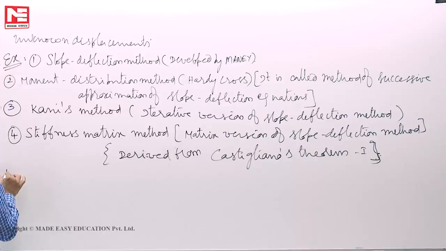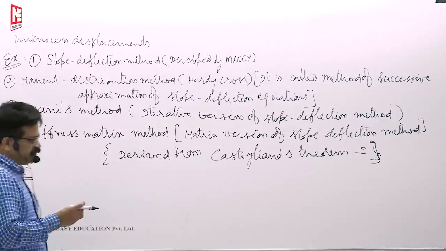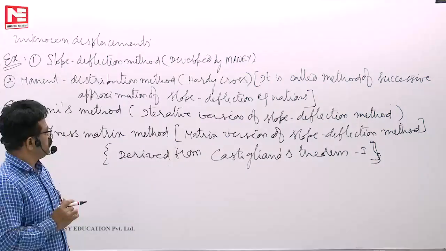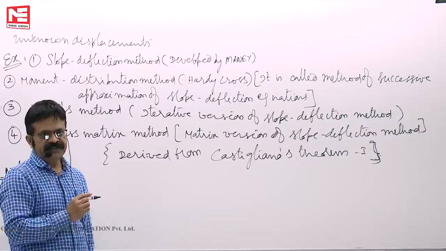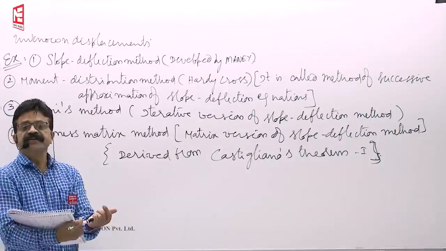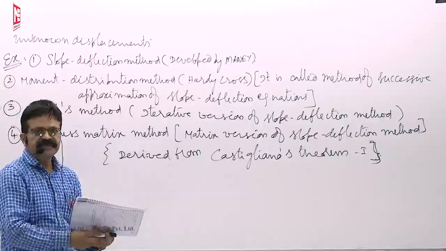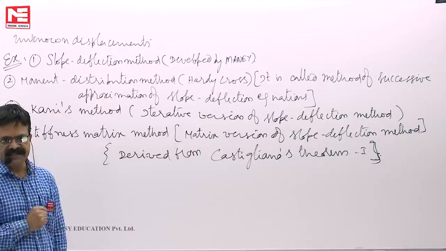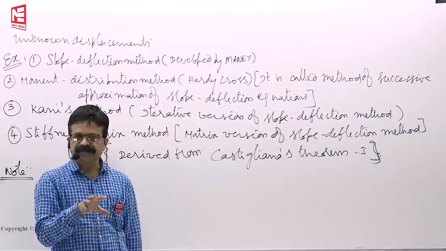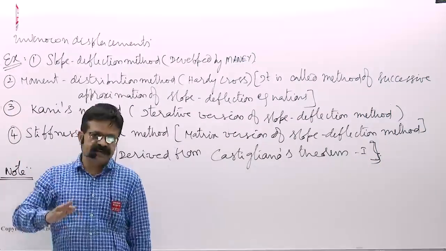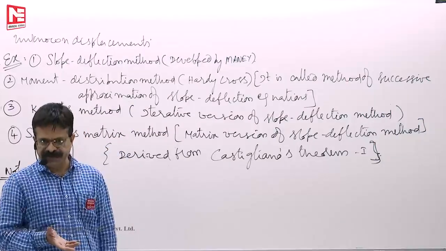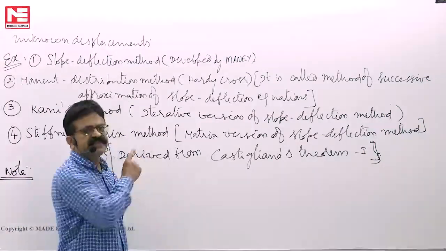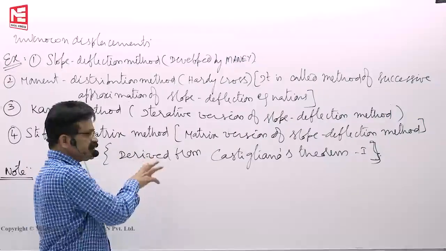Now, in all these methods, if at all dk, the kinematic indeterminacy, gives a set of equilibrium equations you will write in the matrix method. If the number of independent displacements is less, the additional joint equilibrium equations will also be less. External equilibrium equations are the same in both methods. The additional internal joint equilibrium equations, which you get from Castigliano's theorem 1, will be fewer if dk is less.